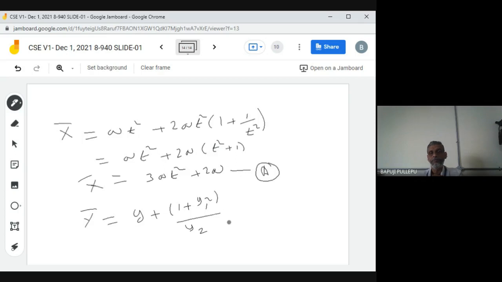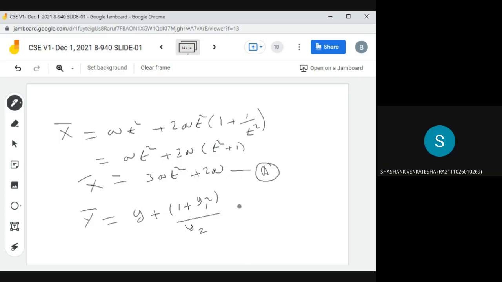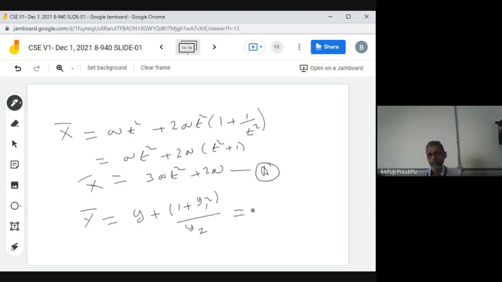Correct? Can I write directly, or do we want to make this step by step? So you can write it directly. So this is equal to what? Minus 2at cube.